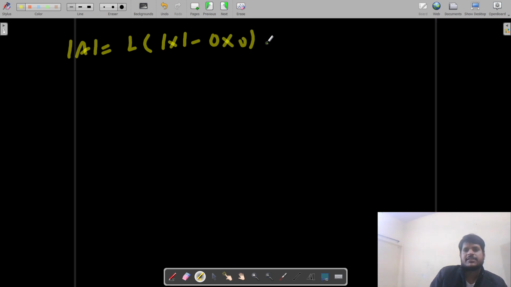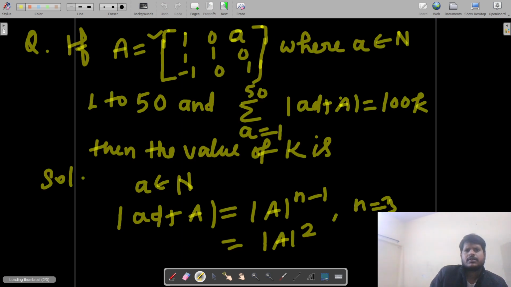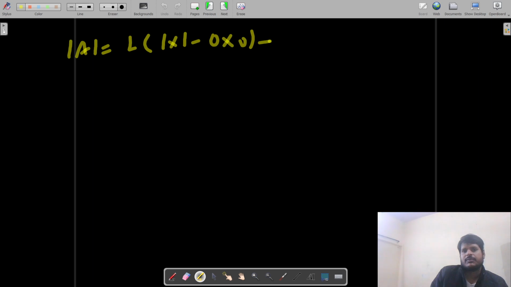Now the second entry is 0, so if you expand with the 0 entry, the term, minus 0 times something, always gives 0. So again now I am going to expand with the a. a is present in the third column, first row.